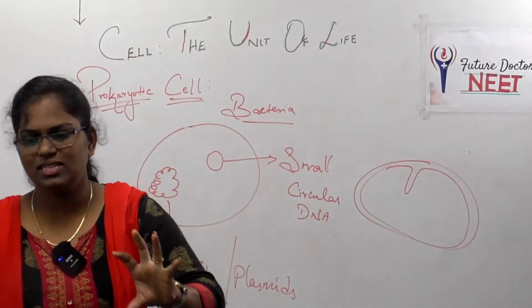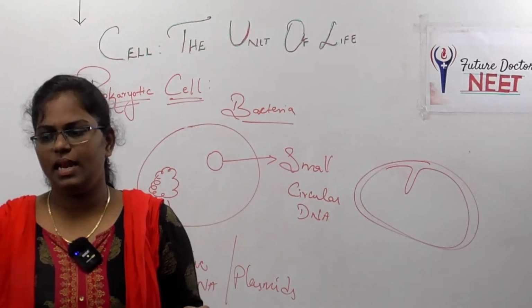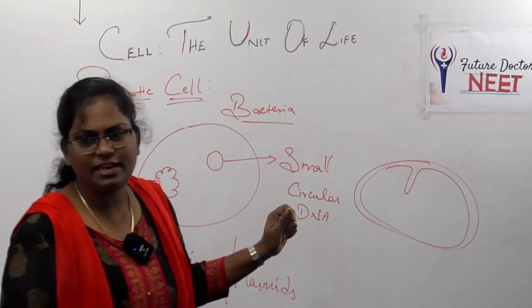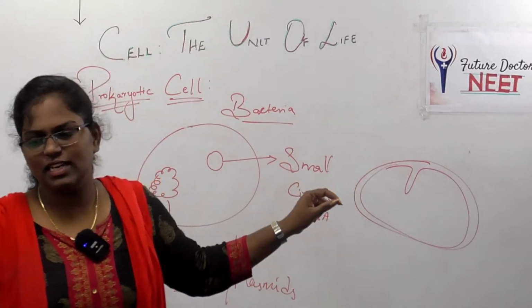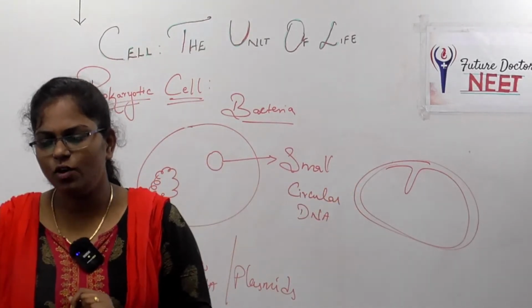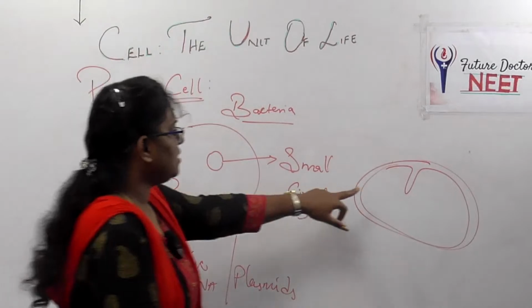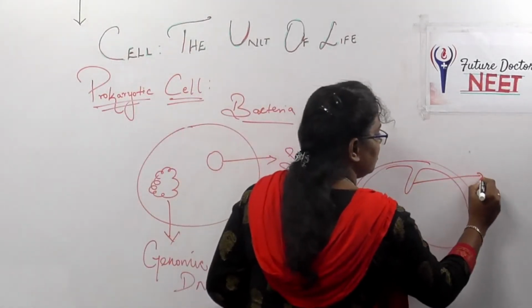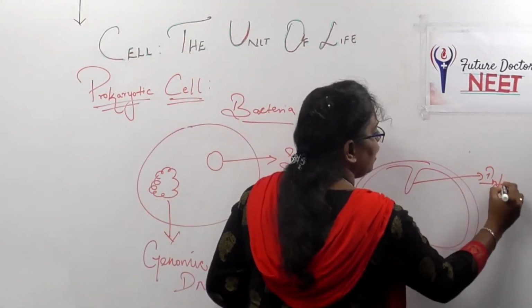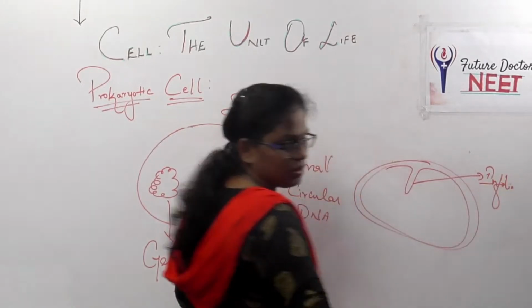The mesosome is found in the cell membrane, but it has a unique character. What is that unique character? It is essentially an infolding of the cell membrane. This is the infolding.